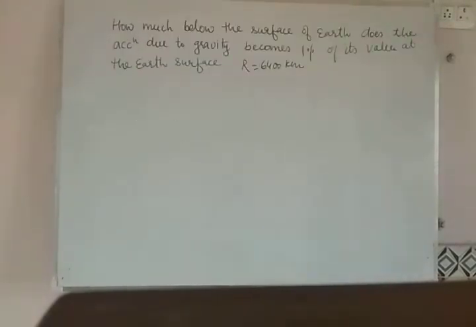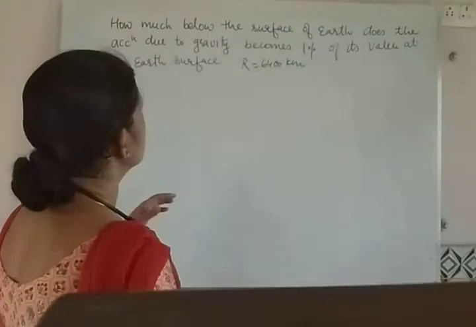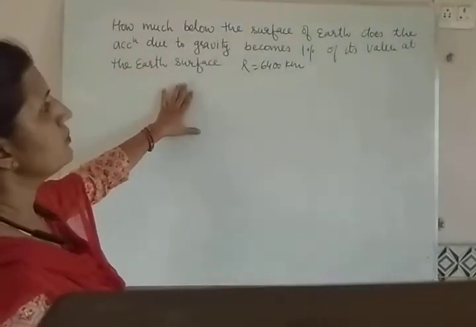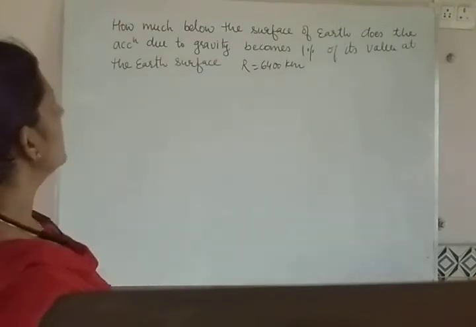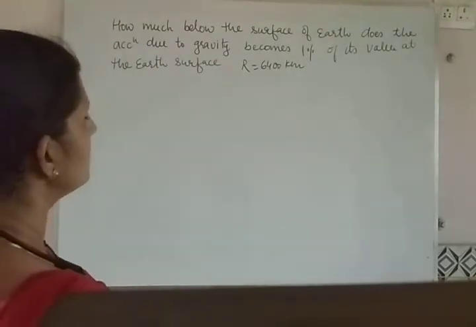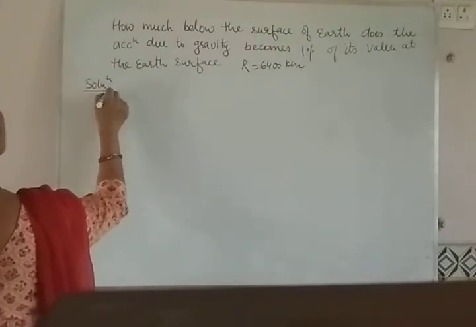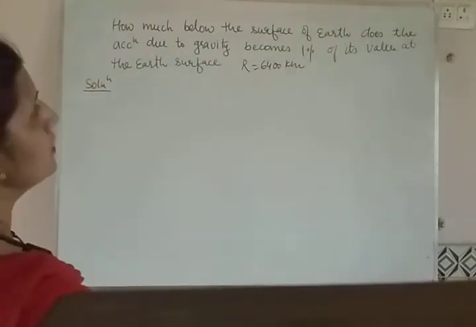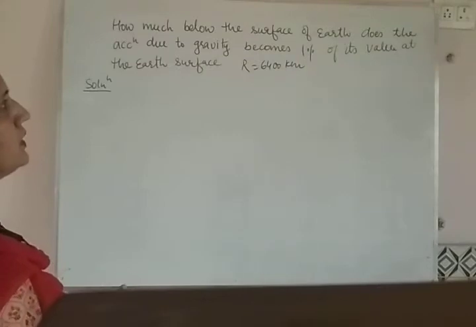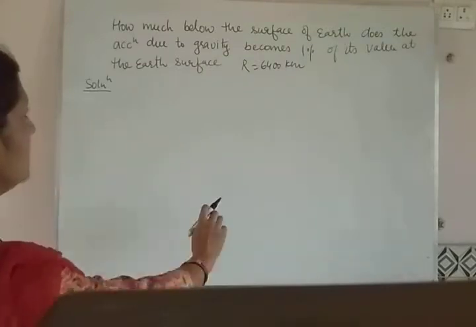Next question is, how much below the surface of earth does the acceleration due to gravity become 1% of its value at the earth's surface, where r is equal to 6400 kilometer is given to you? How much below? It means you have to calculate the value in the depth.